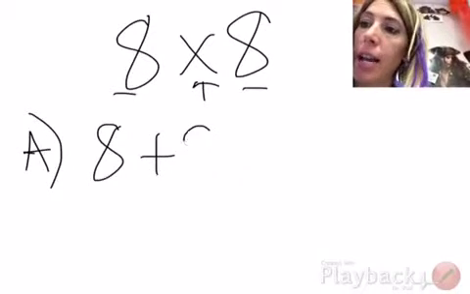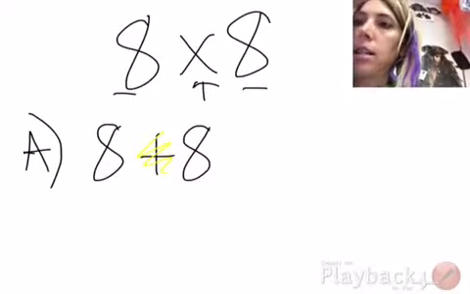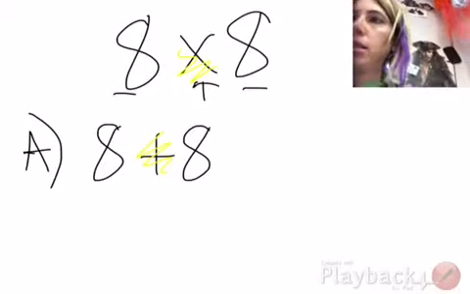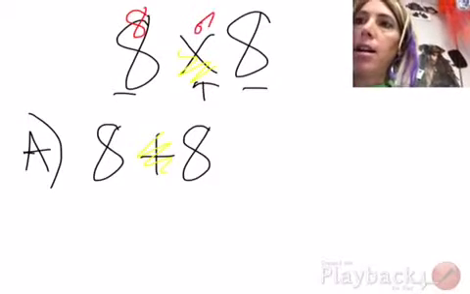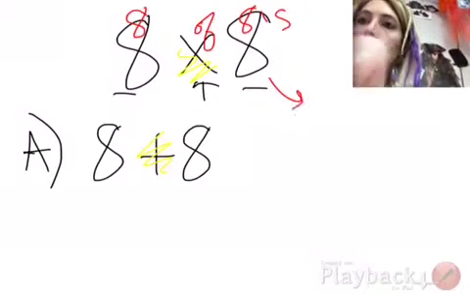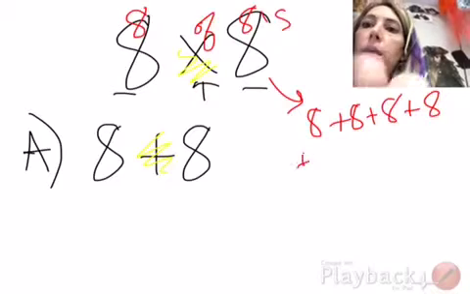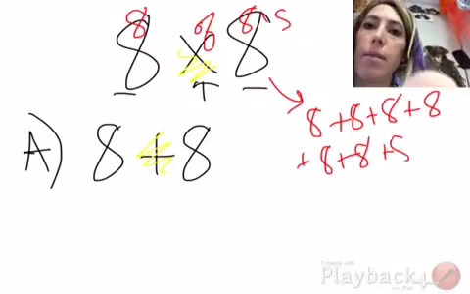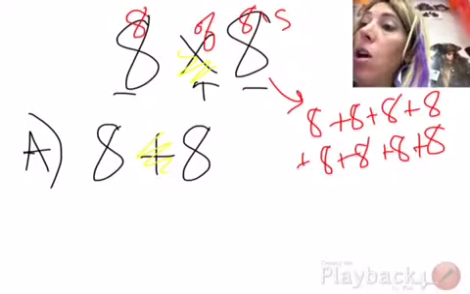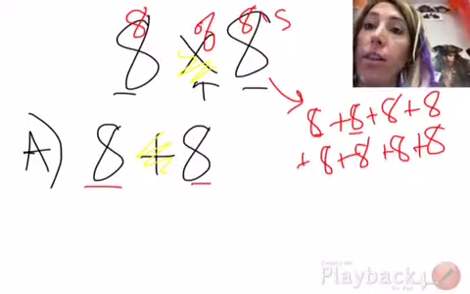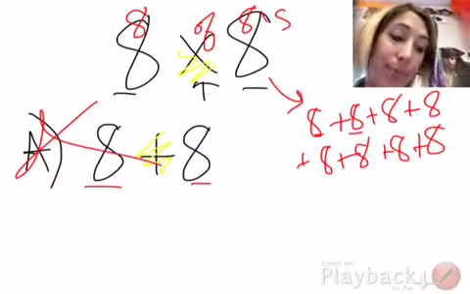So is 8 plus 8 the same thing as 8 times 8? Well, this up here means 8 of the 8s. So 8 plus 8 plus 8 plus 8 plus 8 plus 8 plus 8 plus 8. And in answer choice A, we only have 2 8s added together, and we need many more than that. So it is not A.